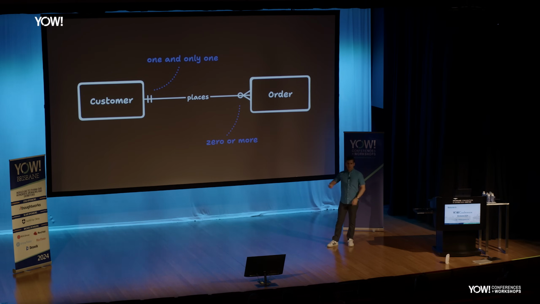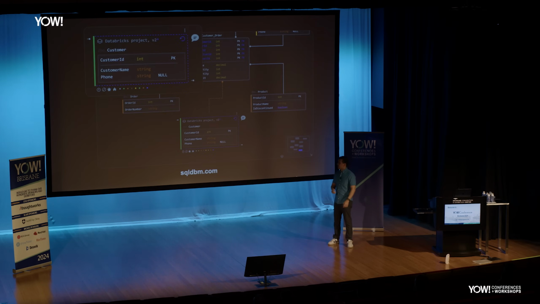I don't really get the connection, but that's why I honestly just like plain text instead of these weird symbols. And then this means 0 or more, because a customer can have 0 or more orders, and an order belongs to one and only one customer who made the order. So these diagrams are extremely useful for talking about the relationship of data in your application.